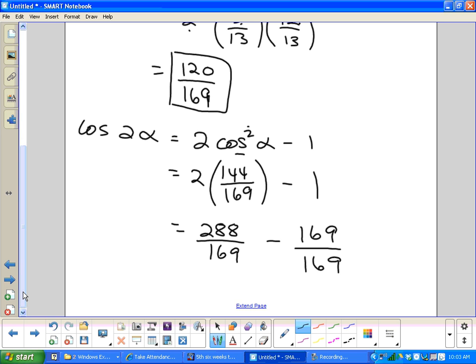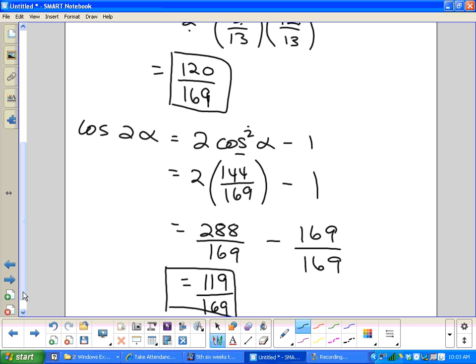Why do we want to write it that way? Right, you need common denominators. So now we can just say 288 minus 169 over 169. Okay, so there's my double angle for the cosine.